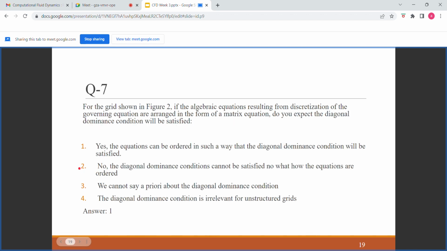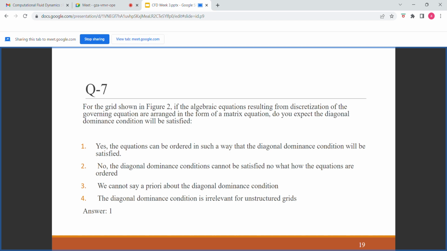We will move on to question 7. For the grid shown in figure 2, if the algebraic equations resulting from the discretization of the governing equations are arranged in the form of a matrix equation, do you expect the diagonal dominance condition to be satisfied?